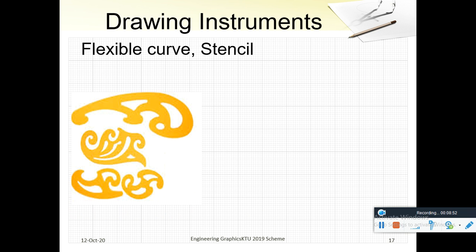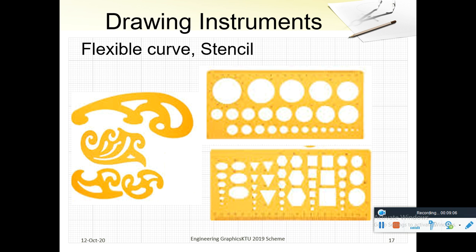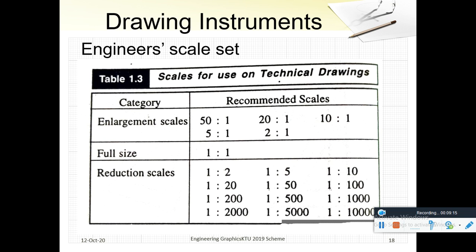The flexible curves are used for drawing smooth curves, and the stencils are used for drawing shapes without dimensions. These are used for sketching only, not for drawing.